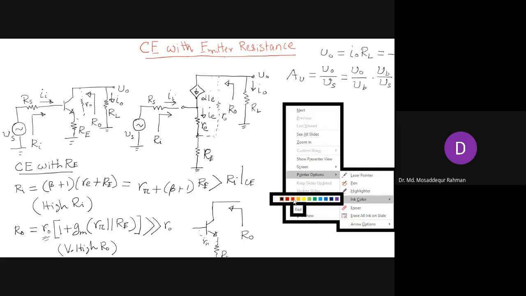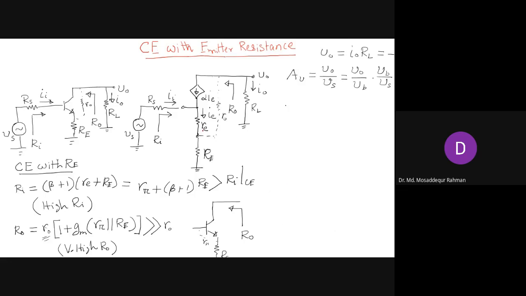So this is our voltage VB at the base point. V0 by VB is our gain from base to collector, right? The voltage here is VB. So from base to collector, that is the first gain expression. The second one is VB by Vs, the gain from the signal point to the base point.